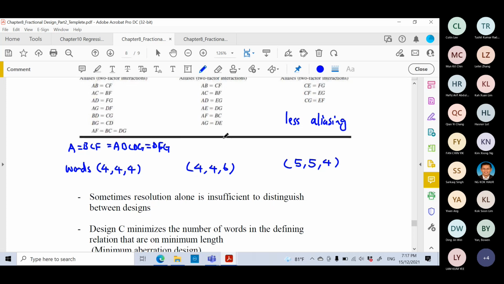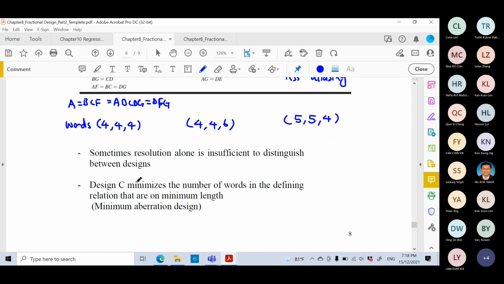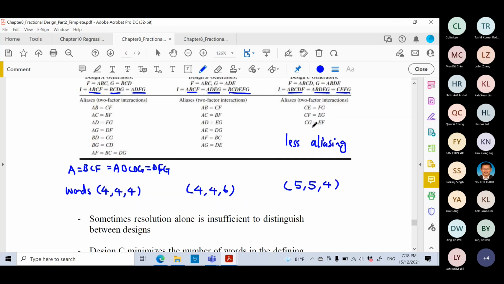So here it tells you that the number of words matters, because if you have a 5 here, then of course we want to choose the higher resolution, which is better. So design C will minimize the number of words in the defining relation, the minimum length, the minimum aberration design. So we will choose this one as our generator to generate.